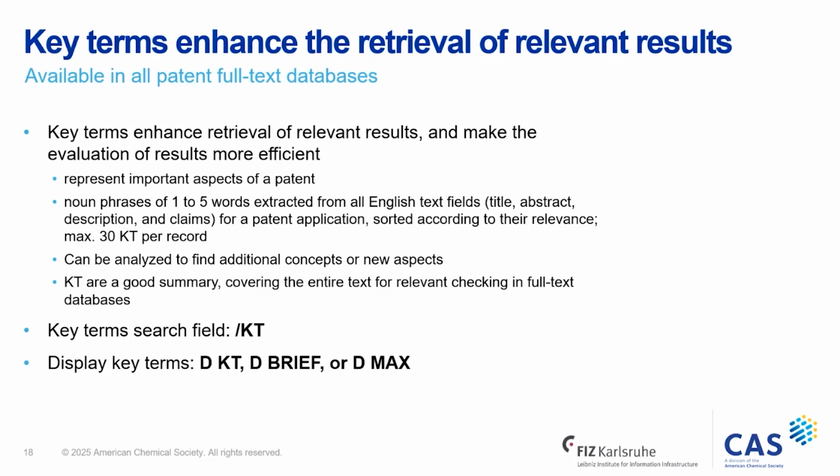And those key terms are automatically displayed in the brief and max formats for these databases as well. So again, this is not controlled indexing, but these are definitely also ways that you can leverage the properties of these databases to really get more information out of these full text patent files.